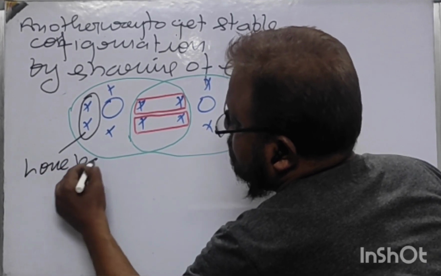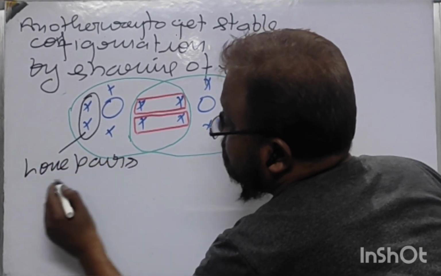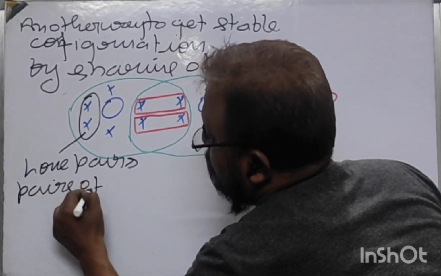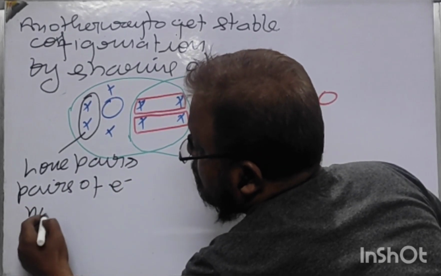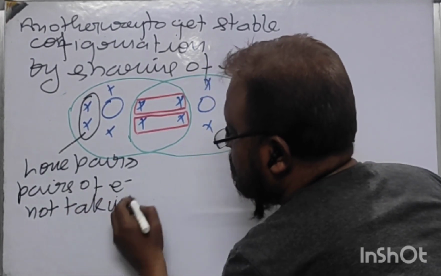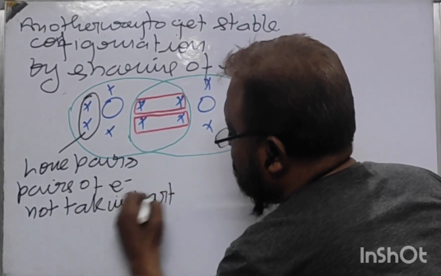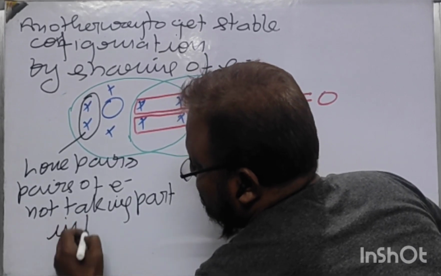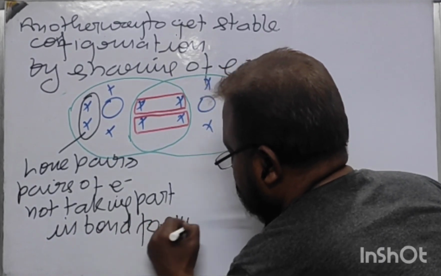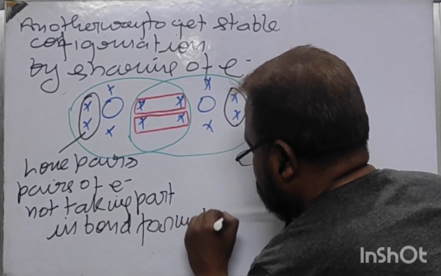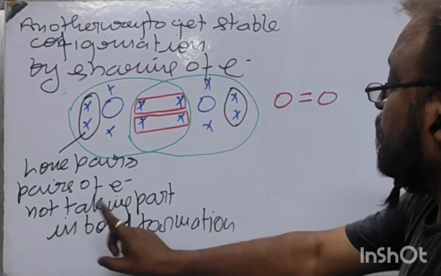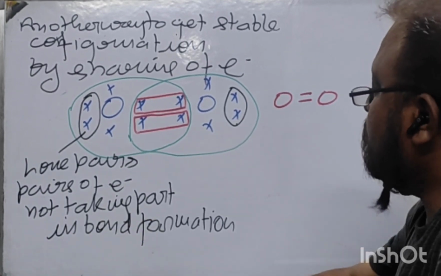Lone pairs means pairs of electrons not taking part in bond formation.